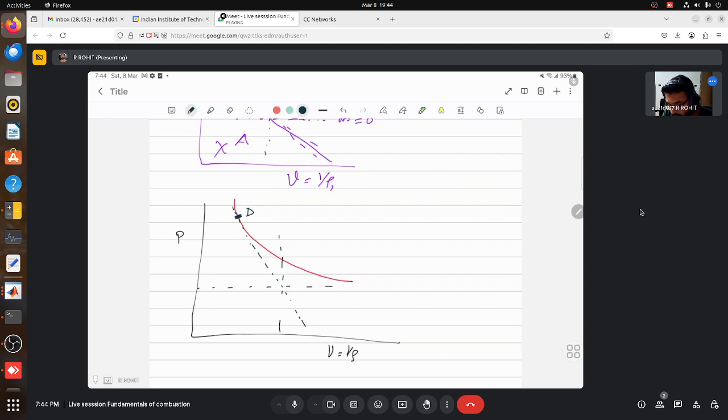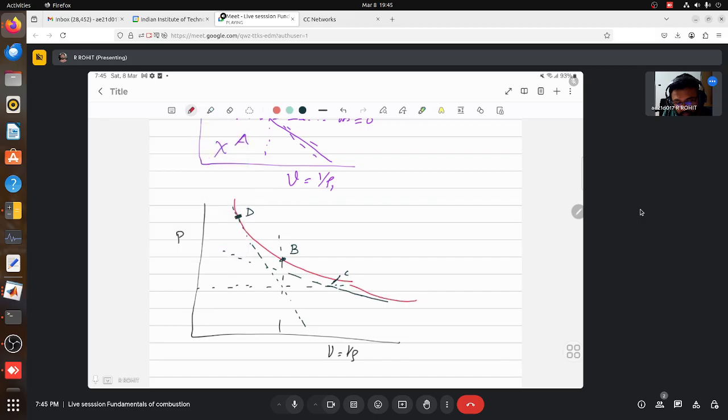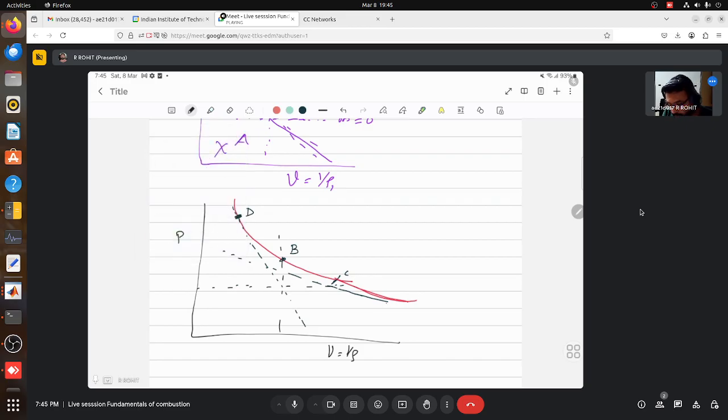The point where it intersects is C, where the horizontal line intersects, and then you can have one more tangent formed, somewhere here. This will be your point E. Now B to C is not possible because these regions are inaccessible by the Hugoniot curve and the Rayleigh line that you have.